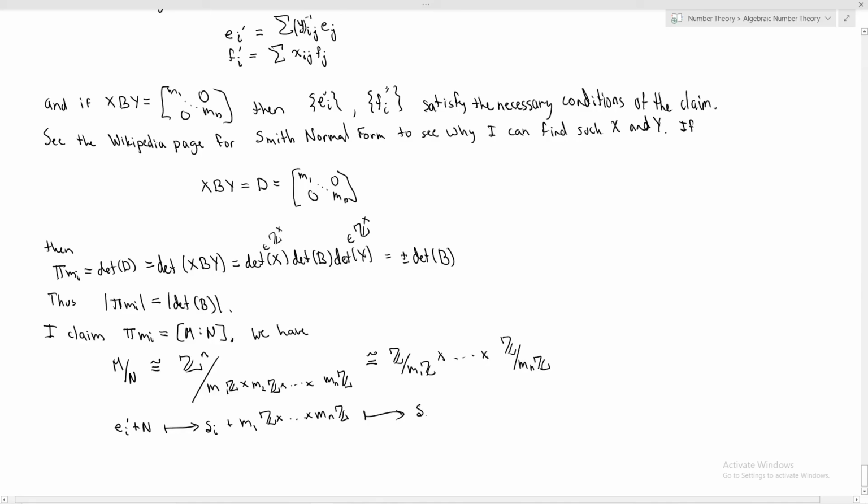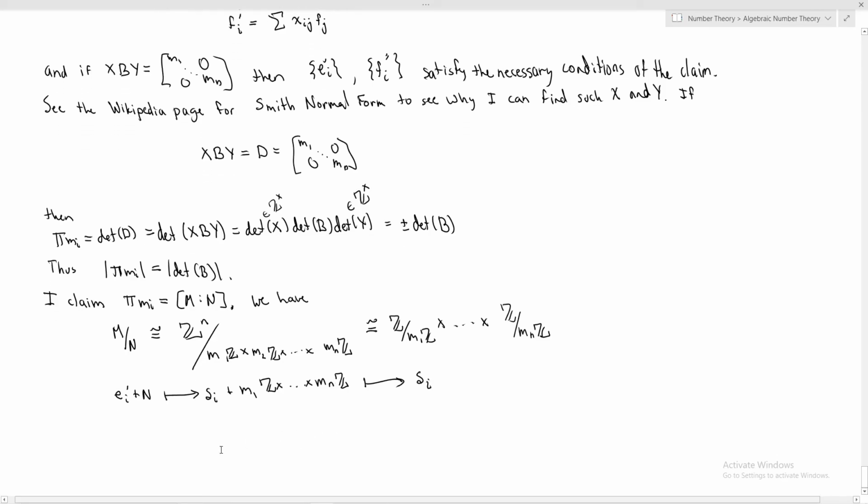Honestly, you can just write this delta sub i, where this is 1 in the ith component, 1 in Z mod m sub i Z, and 0 elsewhere. Okay. So you can check that these are valid isomorphisms.